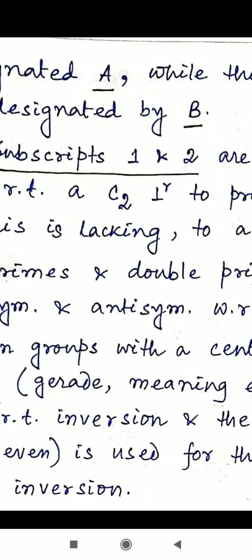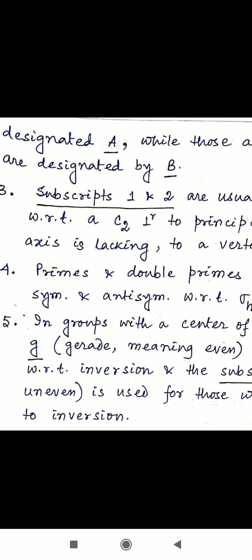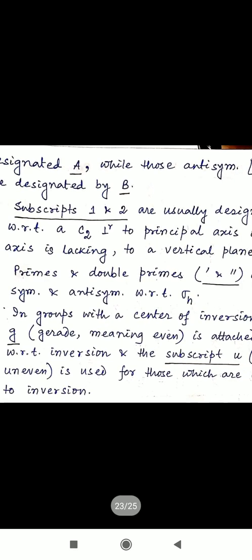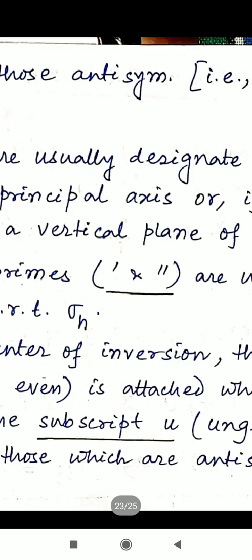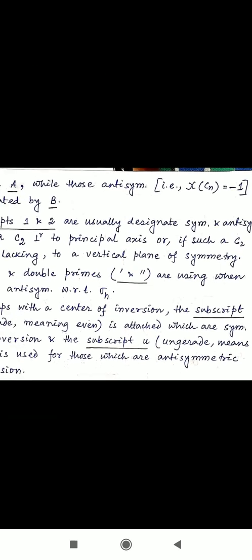I am now coming to point number 4: primes and double primes. I think you know about the primes and double primes. These are used for symmetry and antisymmetry with respect to sigma h.